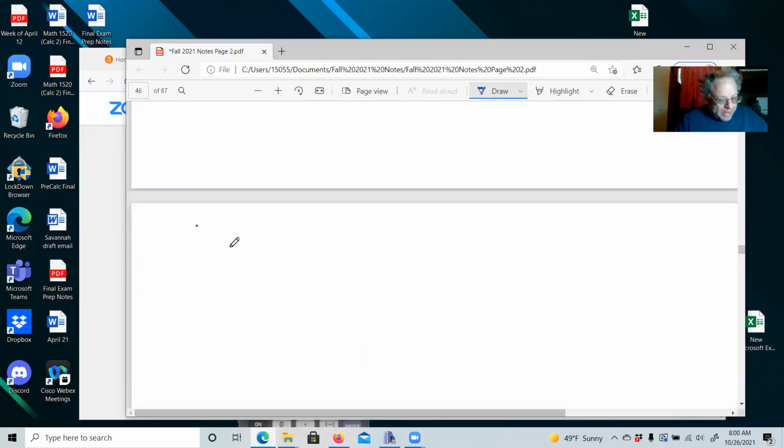All right. So as usual, 4 questions. There's going to be a trig identity. Okay. There is going to be inverse functions, inverse trig functions.